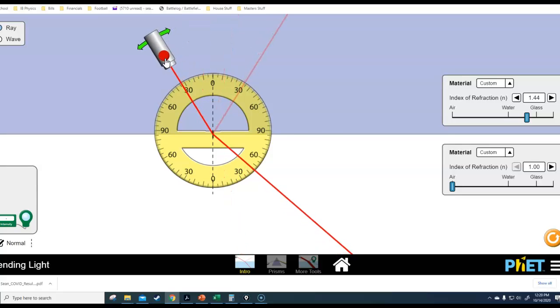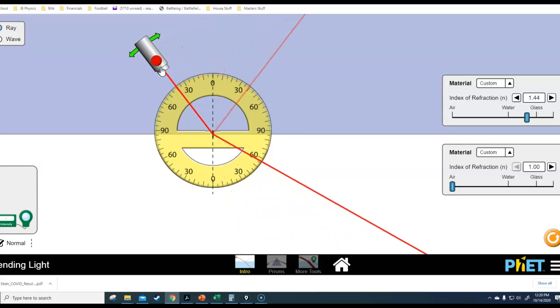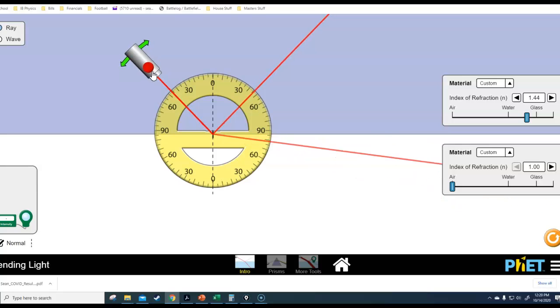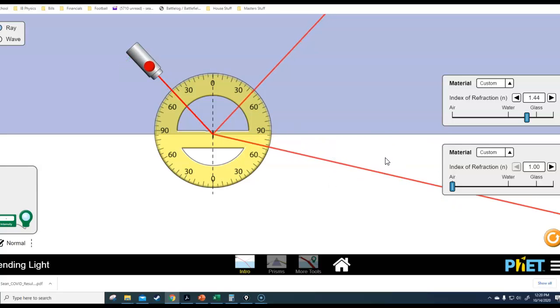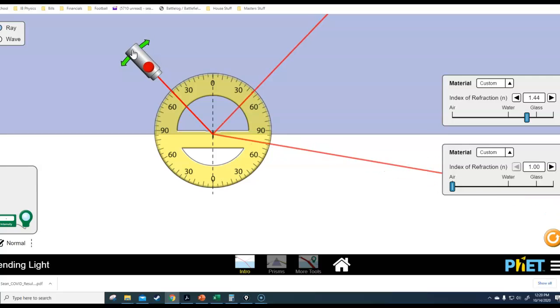But watch what happens as I slowly increase the angle of incidence. This refracted ray is going to get closer to the boundary line faster than the reflected ray over here. And so at some point it actually hits the boundary line, and then I don't have any more refraction.